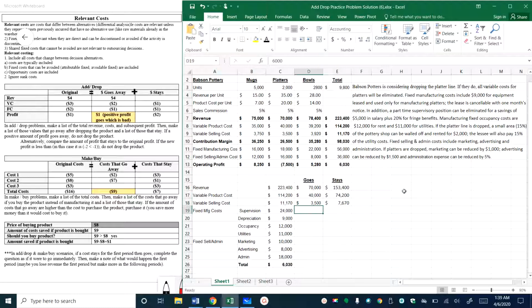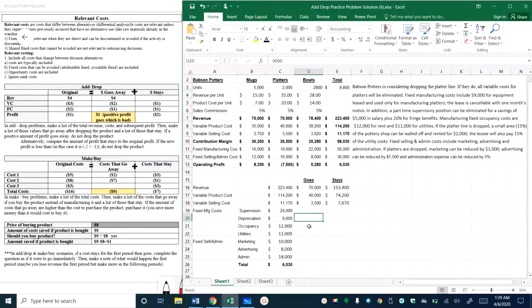Then it says fixed manufacturing costs include $9,000 for equipment leased. It looks like we skipped that here, but anyway. It says that they include $9,000 for equipment leased and used only for manufacturing the platters, and the lease is cancelable within one month's notice.